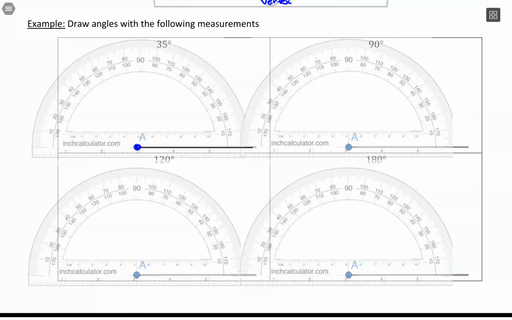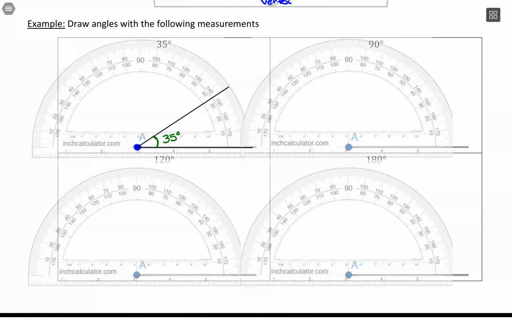So that's starting at 0, and this is how I would line up my protractor. I'd get that little cross there right over the vertex. And then I'm starting here at 0, I got 10, 20, 30, and then I want 35 degrees.